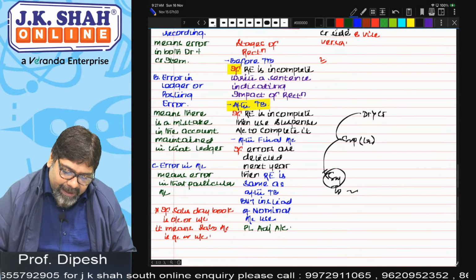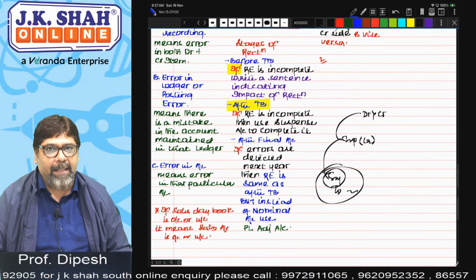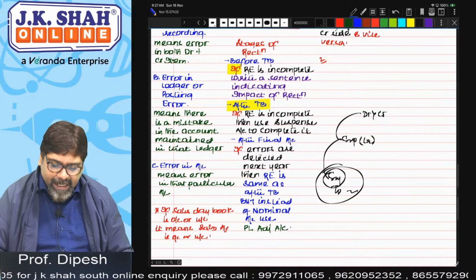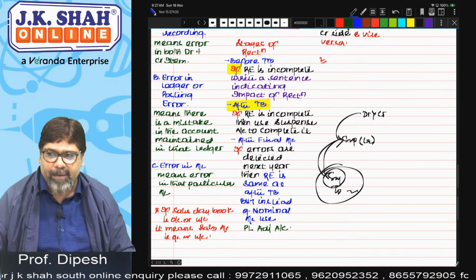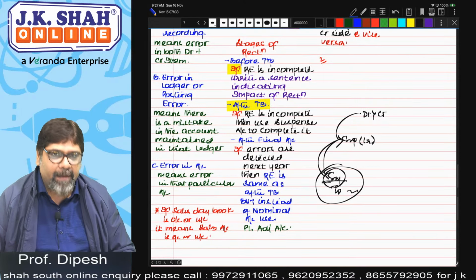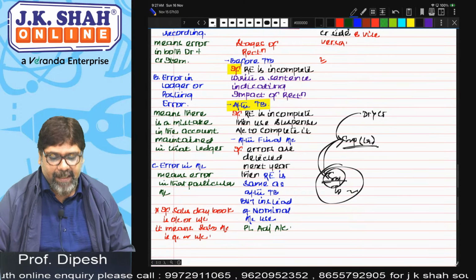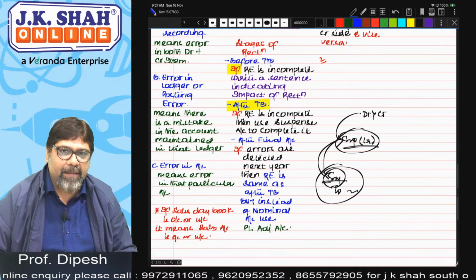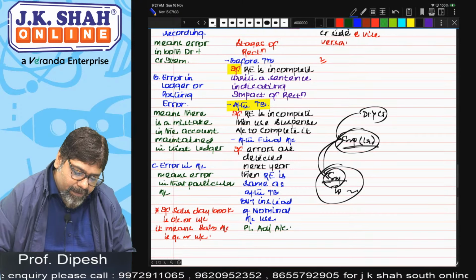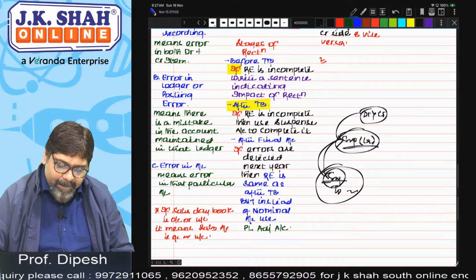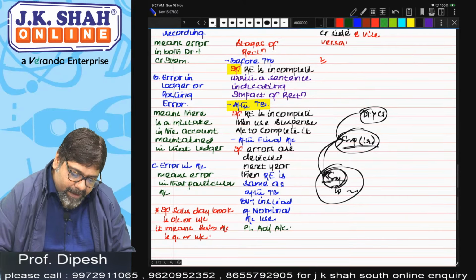If in rectification suspense account is debited, that means it is nullifying. That means in trial balance it was on credit. Trial balance mein if suspense is on credit, that means debit was more. That means if suspense is debited, debit is more.